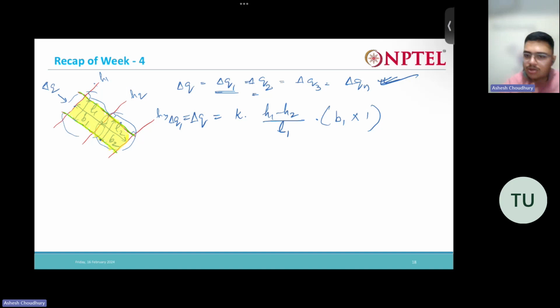So from here to here, head loss is H1 minus H2. So it was H1, then it came down to H2. The head loss H1 minus H2 divided by L1. L1 is the length, into the cross area. So the area of flow is nothing but this dimension times the other, out-of-plane direction dimension, perpendicular to the computer screen, that we are considering as one. So b times 1.